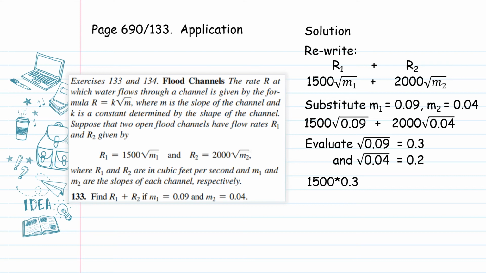So we'll just substitute these equivalent values of the square root, 1,500 times 0.3 for the first term and 2,000 times 0.2 for the second term. The first term evaluates to 450 and the second term evaluates to 400. When you add them together, your answer is 850 cubic feet per second.